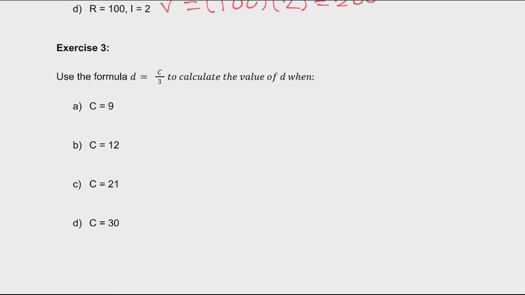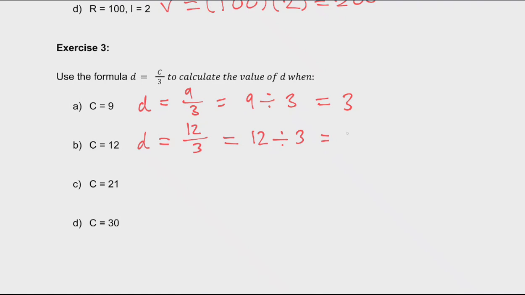Okay, use the formula D equals C over 3 to calculate the value of D when C is equal to 9. So let's substitute our values in. D is equal to C, which is 9, over 3. That's the same as saying 9 divided by 3. How many 3's go into 9? That is 3. What when C is 12? D is equal to 12 over 3, which is 12 divided by 3.